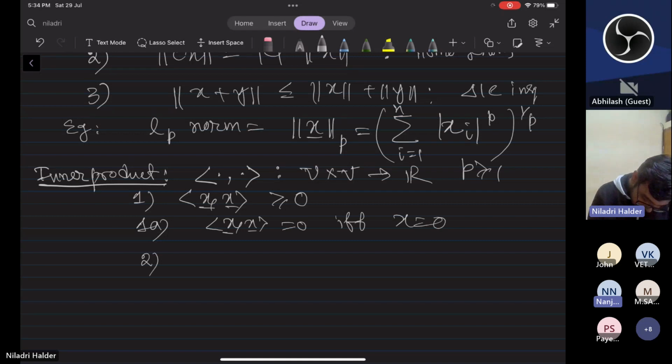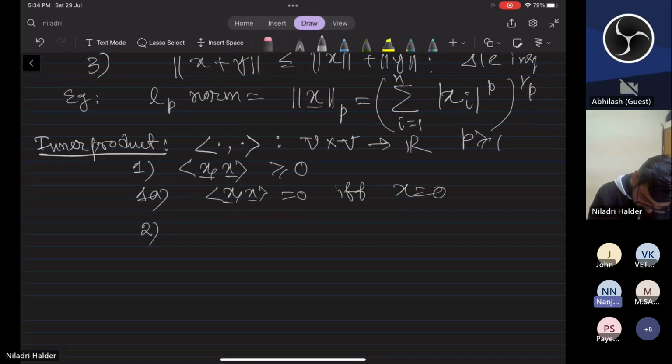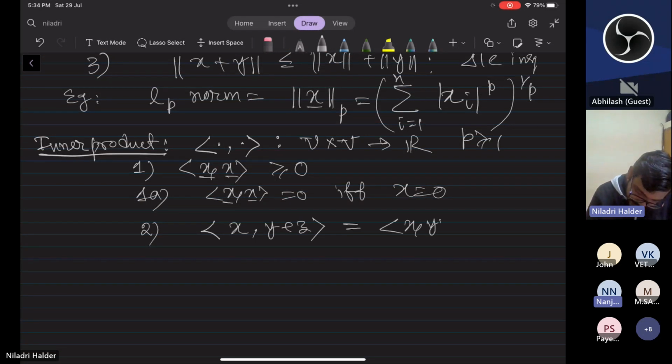And then number two, the inner product of x with y plus z is the inner product of x and y plus the inner product of x and z.